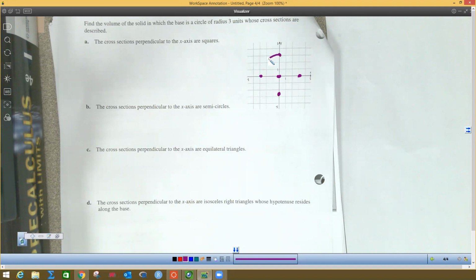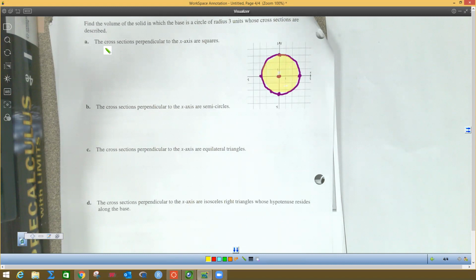I can't see the circle because the bulb in my projector is slowly dying. So I got a circle like that. So this is the base right here. This part's the part that I'm going to build my cross sections on, and they're going to come off of this circle at me.